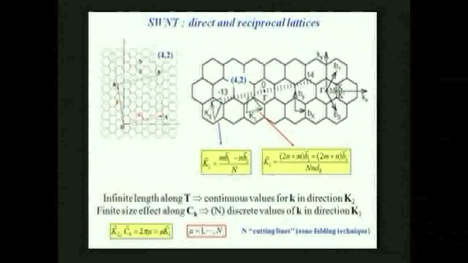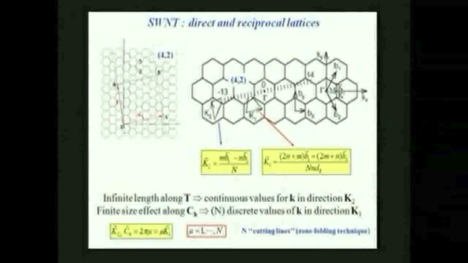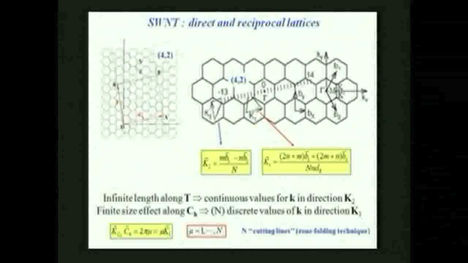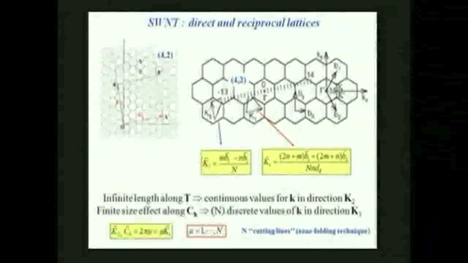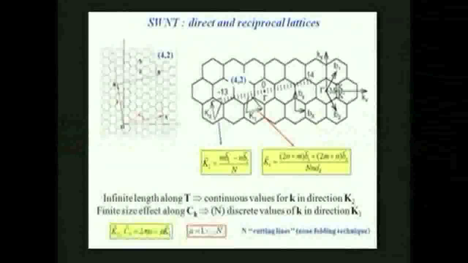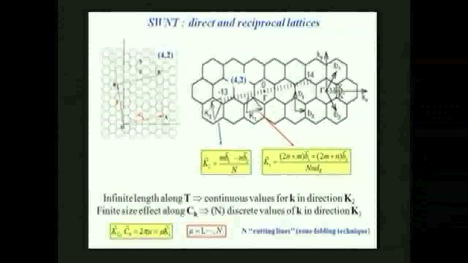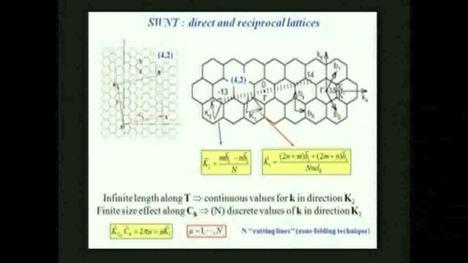So when you consider waves propagating in nanotubes, both electronic waves or vibrational waves, the values of the wave vectors parallel to the axis will be continuous from 0 to the edge of the Brillouin zone. But in the other direction, you will have some discrete states which are sketched here, which are separated from each other by the vector k1.